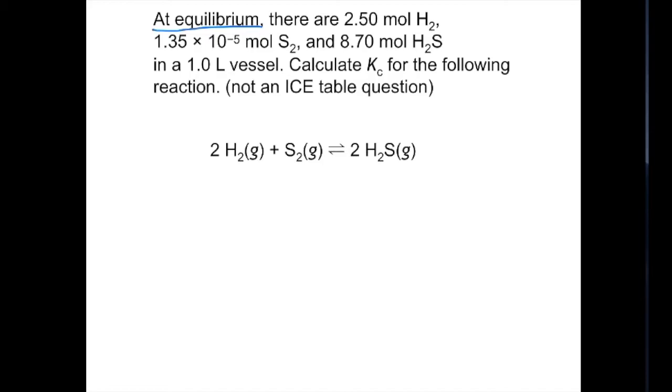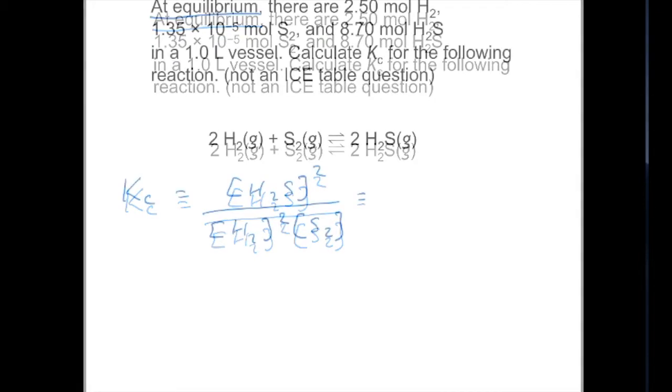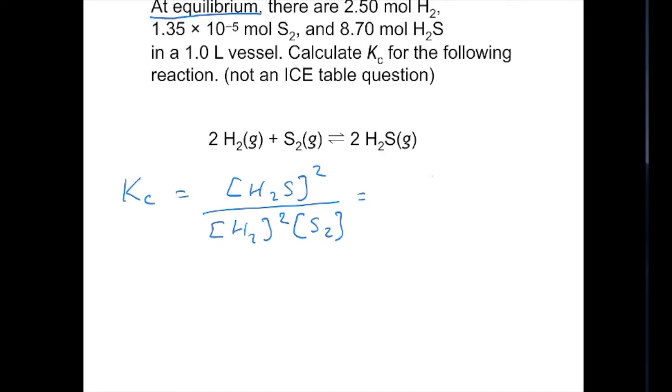So all we have to do for this one is to write out the equilibrium expression. So Kc is going to equal the concentration of H2S squared divided by the concentration of H2 squared times the concentration of S2. And if we substitute in the values, we'll have 8.70 molar squared divided by 2.50 squared times 1.35 times 10 to the minus 5.